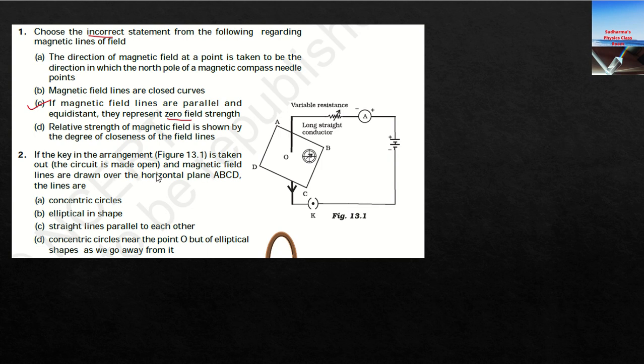So if the circuit is made open, then only the magnetic field due to the earth will be existing there. That means when we plot the magnetic field lines, we will be getting straight lines parallel to each other, because always the magnetic field will be pointing towards the north because of the earth's magnetic field. Okay, so that's the answer for question number 2.